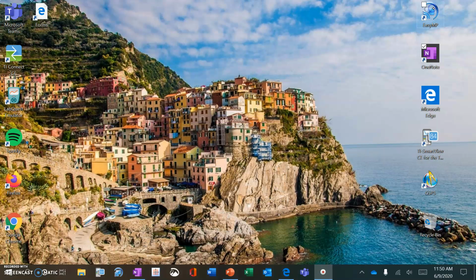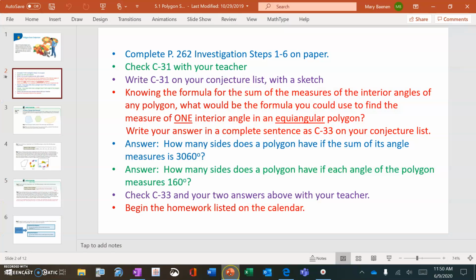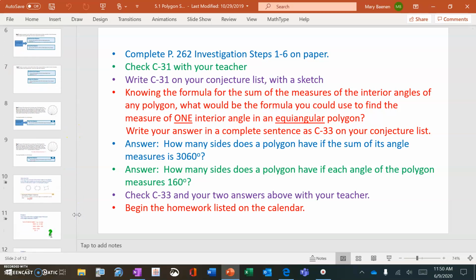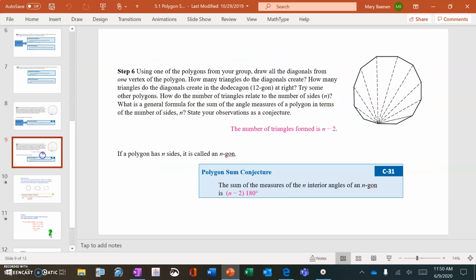So if I go now back to my presentation, and I go to the conjecture for this, I think that there is the conjecture. The sum of the measures of the n interior angles of an n-gon is n minus 2 times 180 degrees.